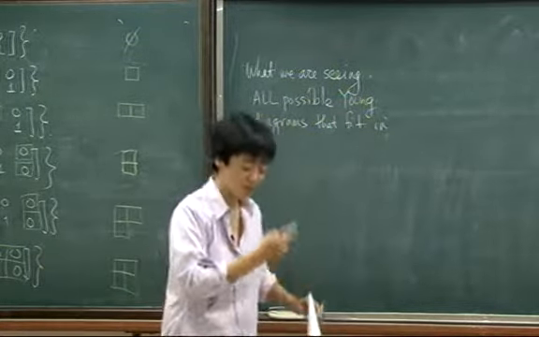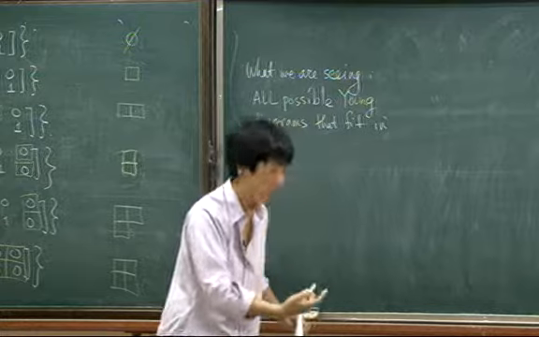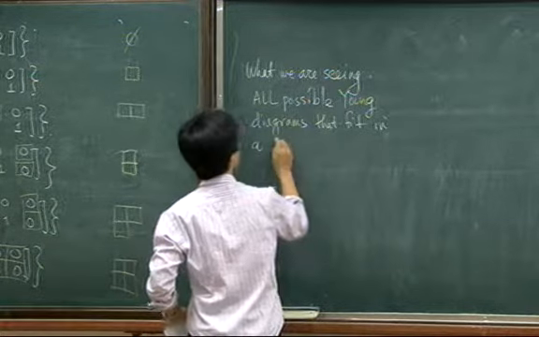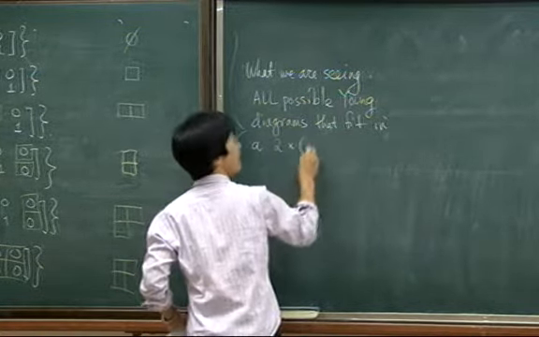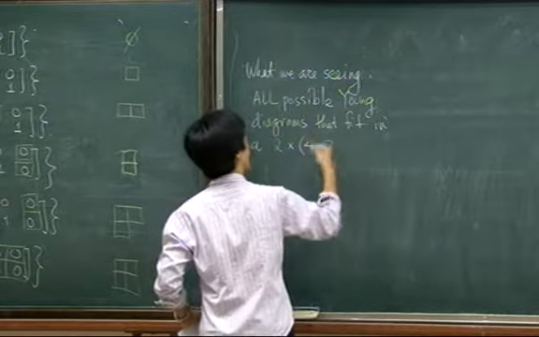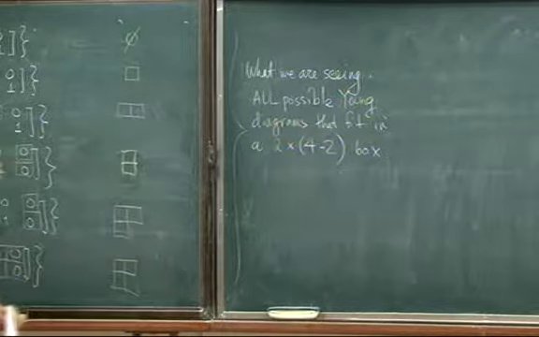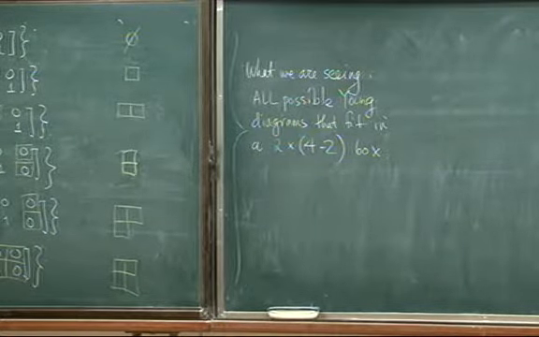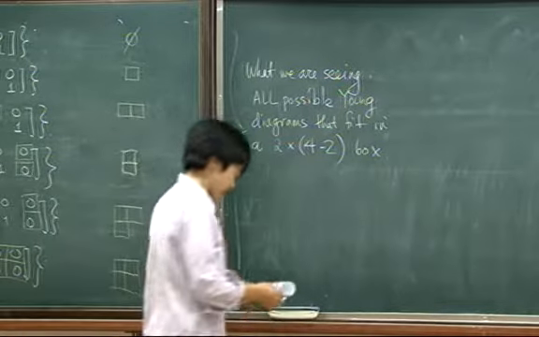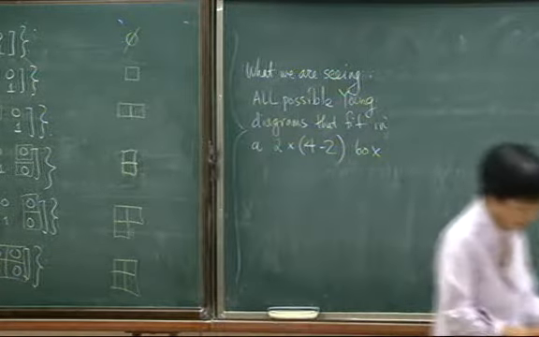We're doing the Grassmannian of 2-planes in A4, so it's Young diagrams that fit in a 2 by 4 minus 2, which is of course 2 box. In general it'll be k by n minus k. All right, very good.